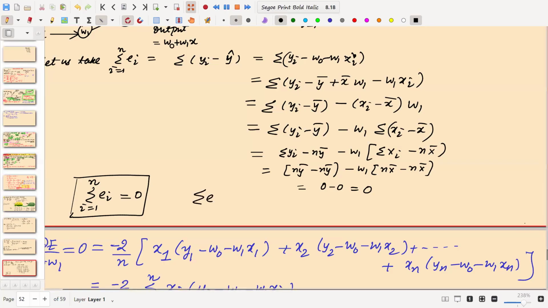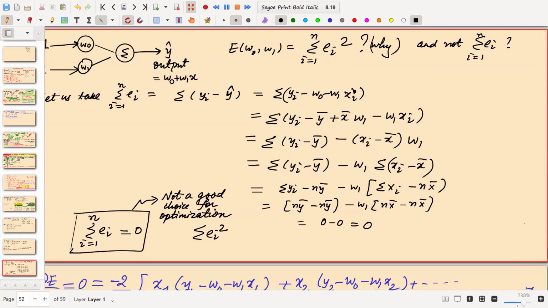Therefore, this is why you are taking summation of ei squared. Do you agree? Yes.